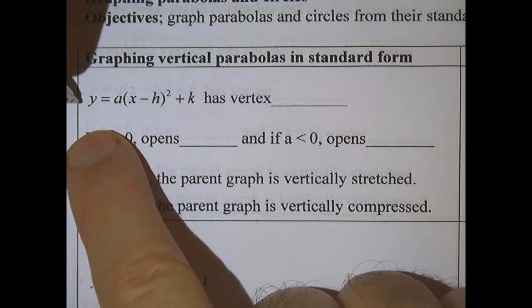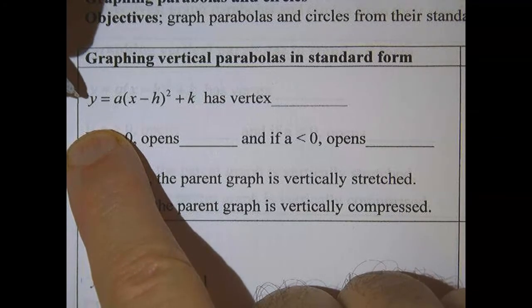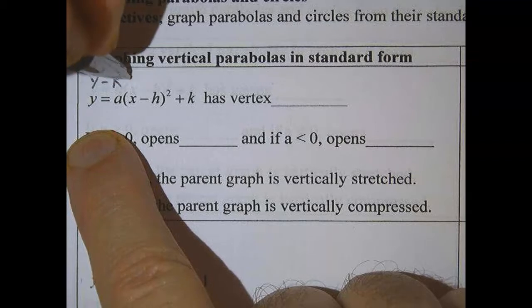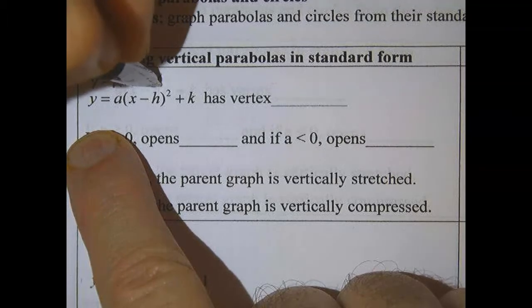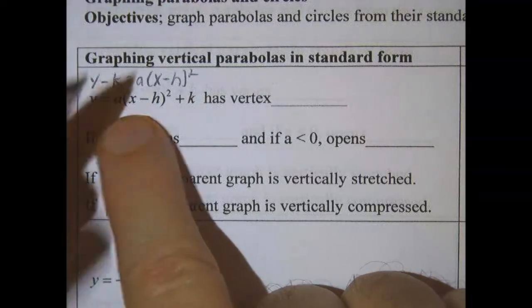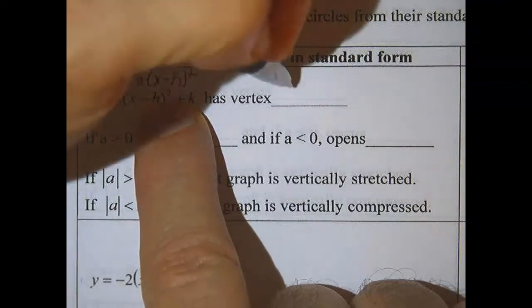Instead of trying to get this to look like a function, solved for y, which you could put in your calculator, we're going to write it in an implicit form: y minus k equals a times x minus h squared. This is a better way because whatever you're subtracting is your h, k, and that's the vertex.